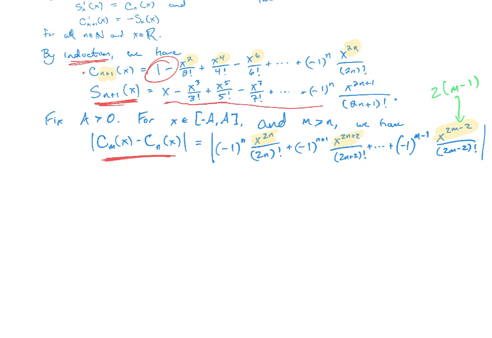Okay. Now, it's inequality time. We want to get rid of those x's. Let's pull out an x to the 2n, but we're going to replace it with the largest that x could be.